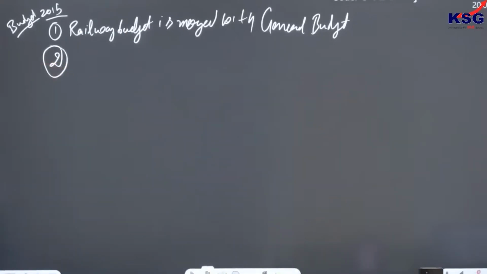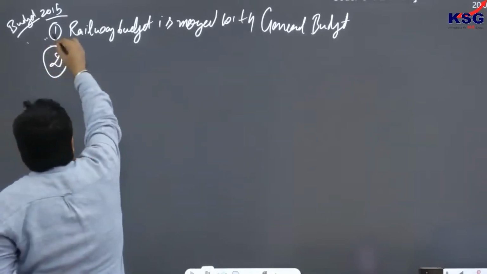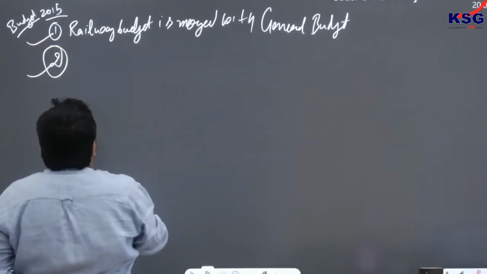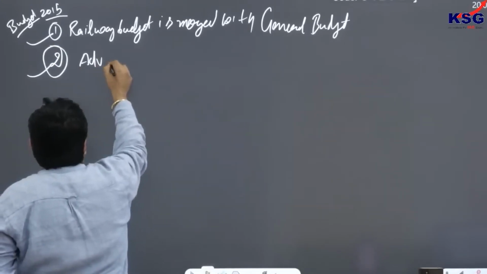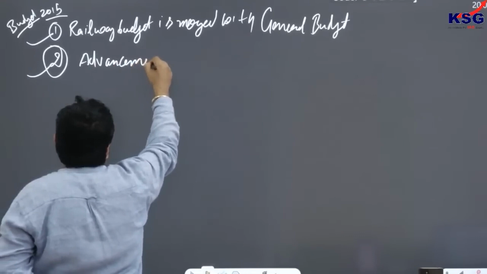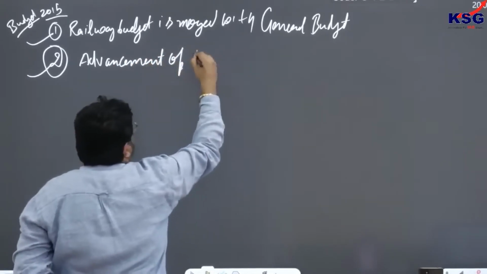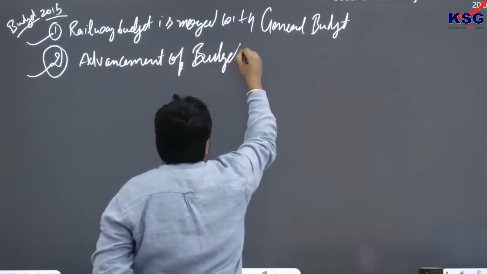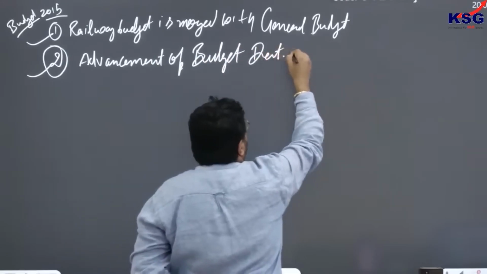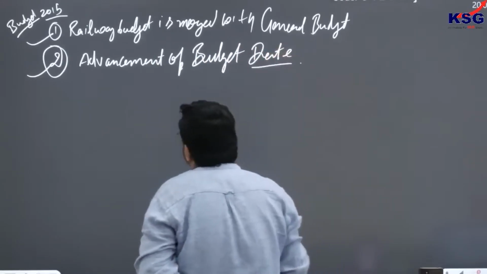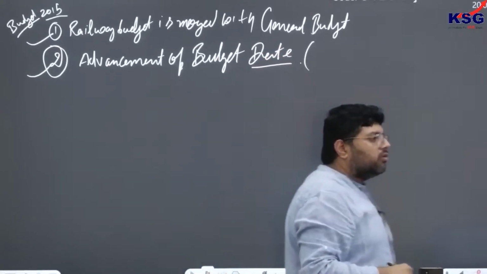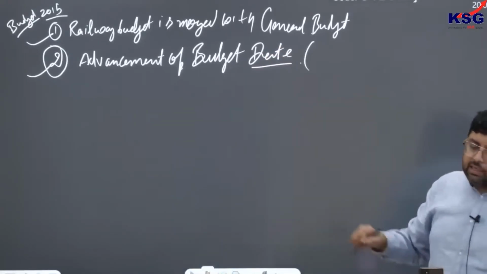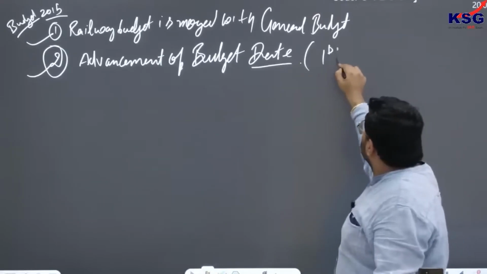Number two, apart from the railway budget, what other changes? Advancement of the budget date. Earlier the budget was presented in the 3rd or 4th week of Feb, but now it is presented on 1st of Feb every year.